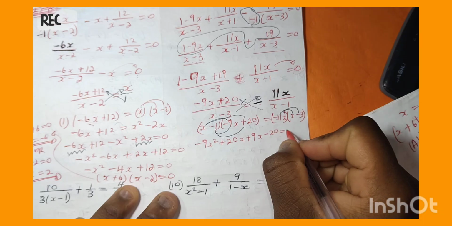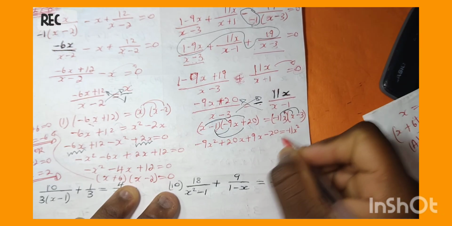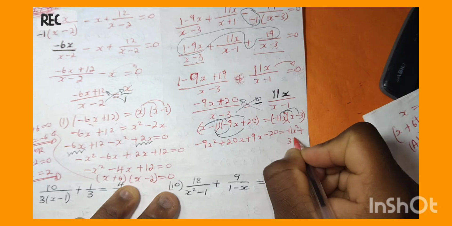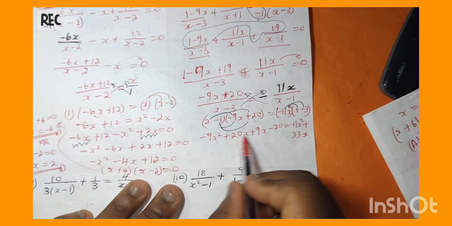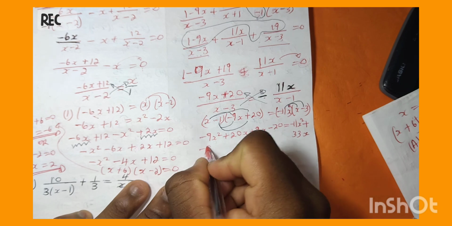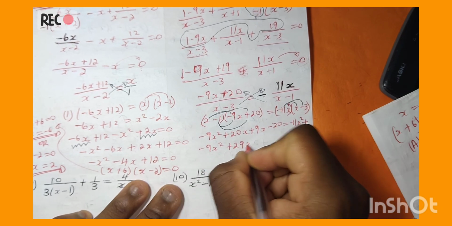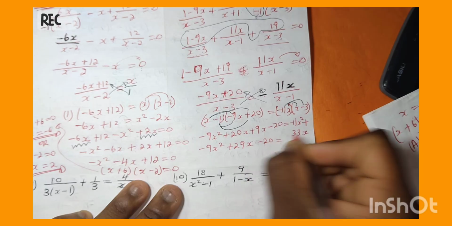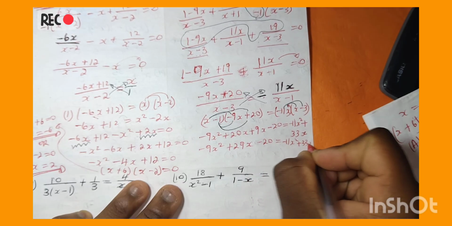So this multiply there it's minus 11x squared. This multiply there it will be positive 33x then. And now here I can collect like terms, meaning that it will be 19 to this and that day it's positive and 20 there. Here I've got minus x squared plus x there.